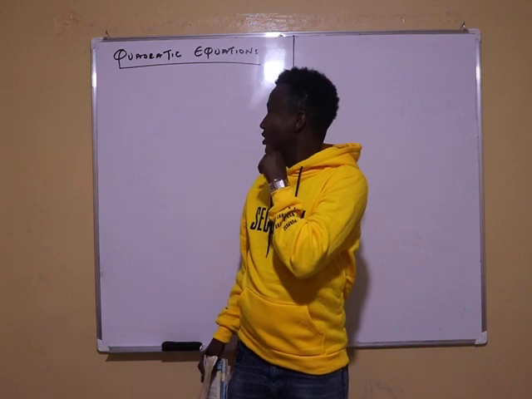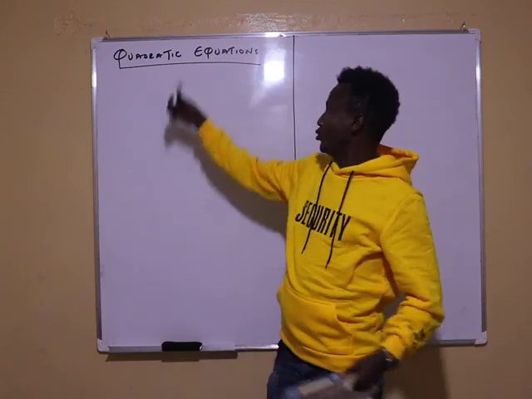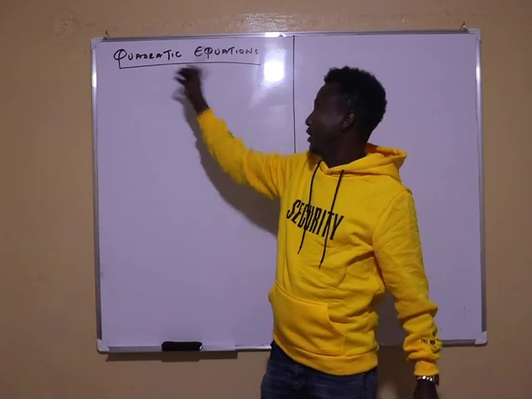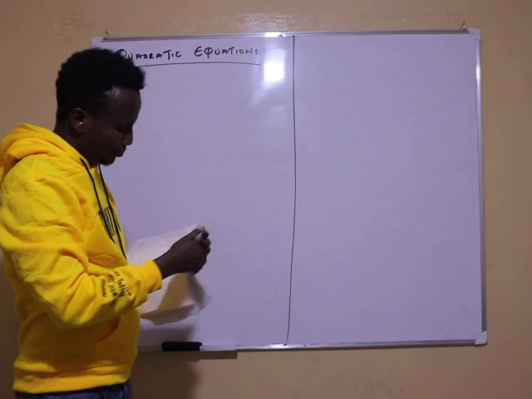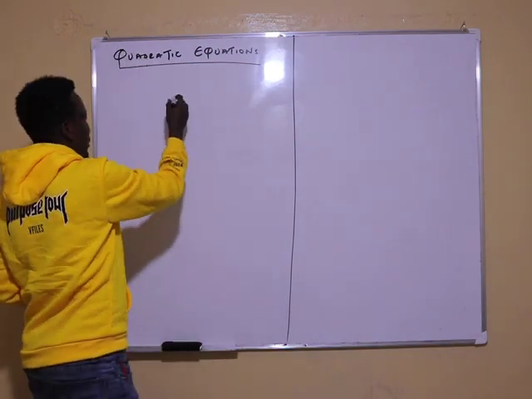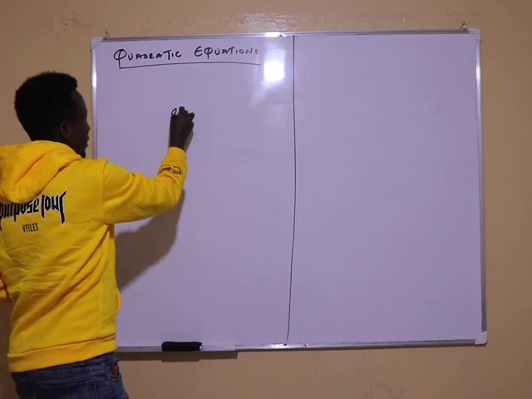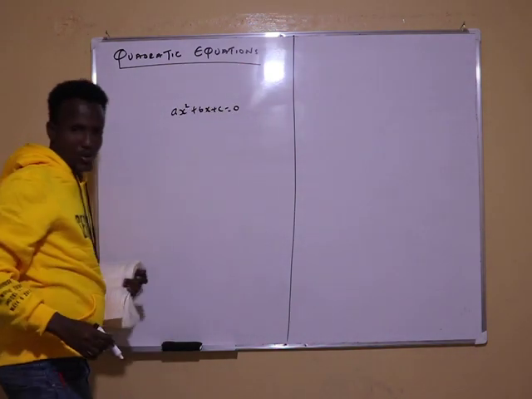And we are going to see this subtopic of quadratic equation and expression. Tonight we are going to cater for this one, which is quadratic equations. In our previous class I said quadratic equation takes this format. If you can remember, ax squared plus bx plus c is equal to 0.